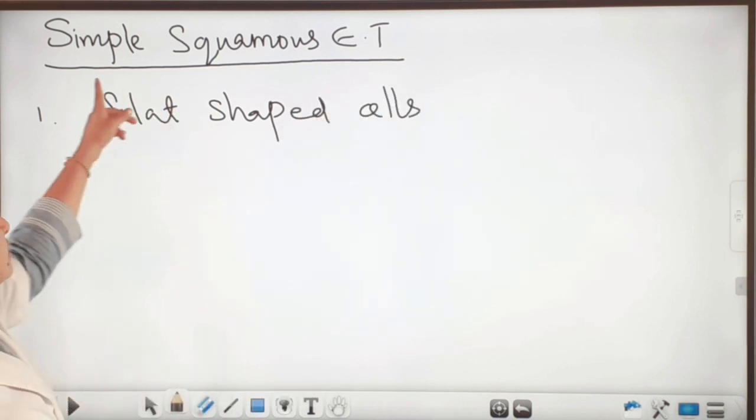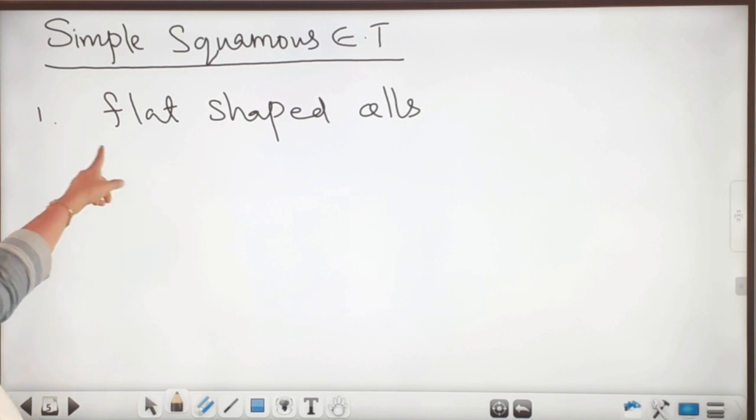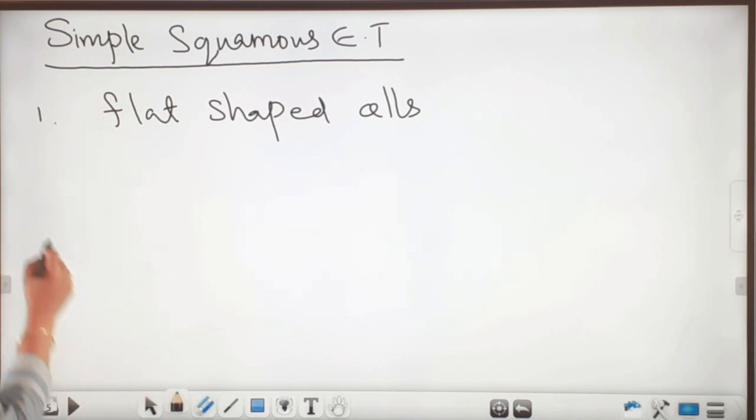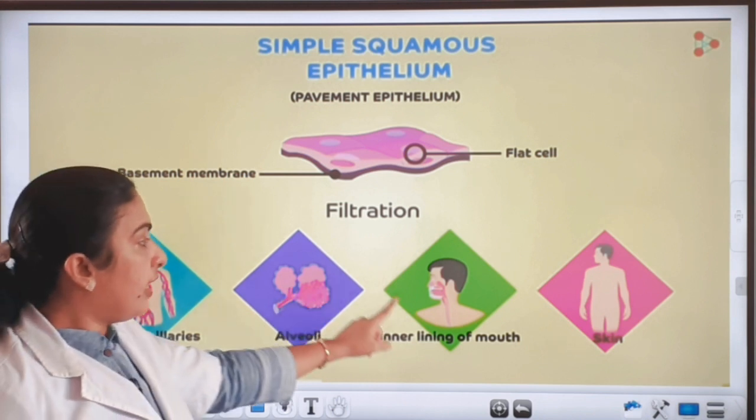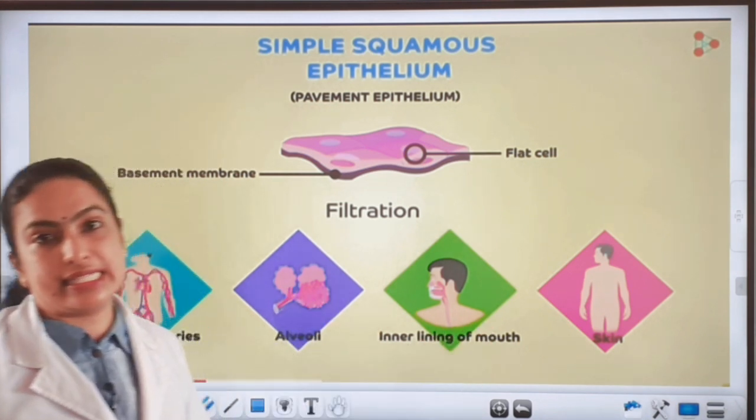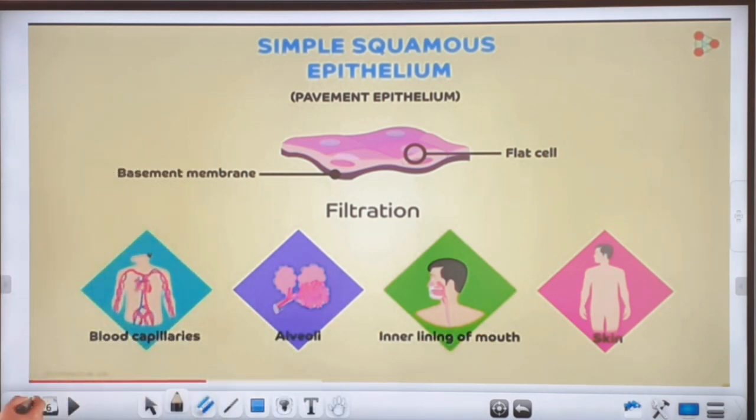Second point, where it is seen in our body. In the animal body, simple squamous epithelial tissue can be seen in blood capillaries, alveoli, inner lining of mouth and skin.